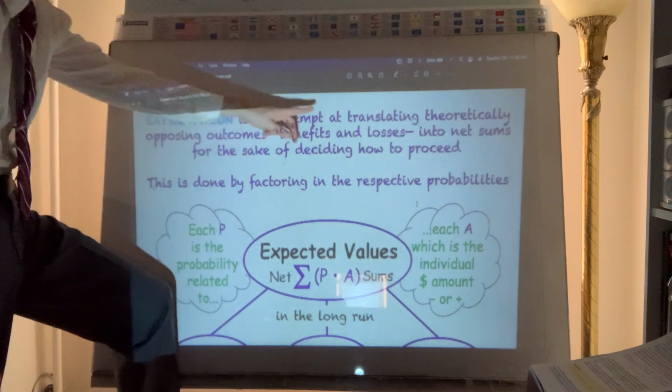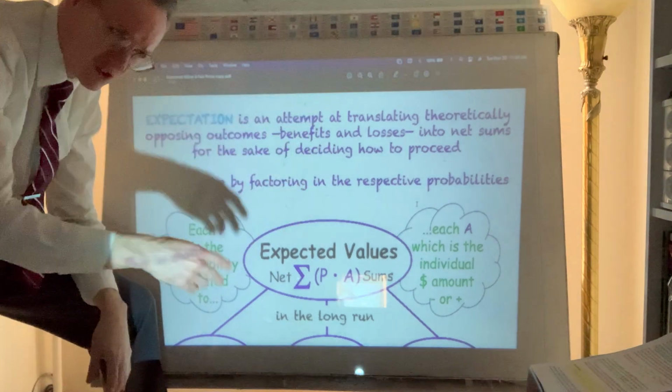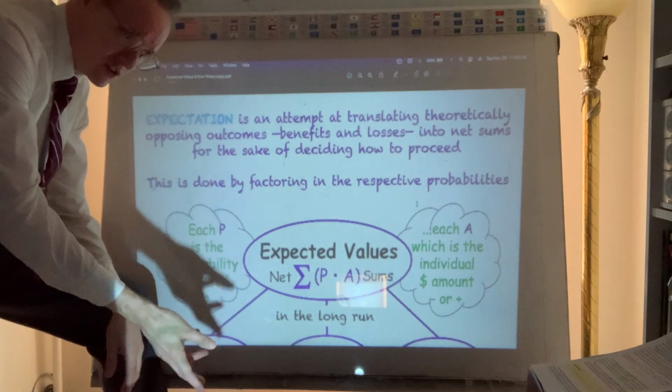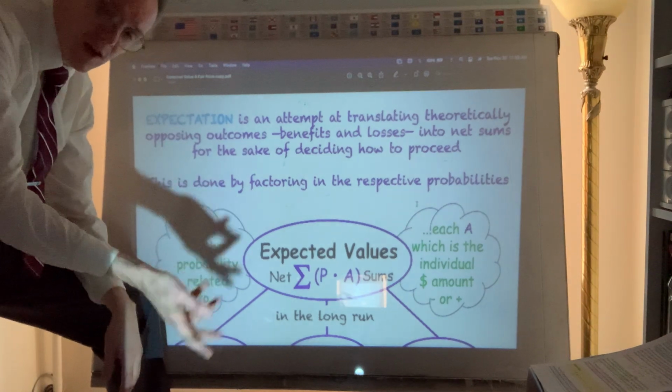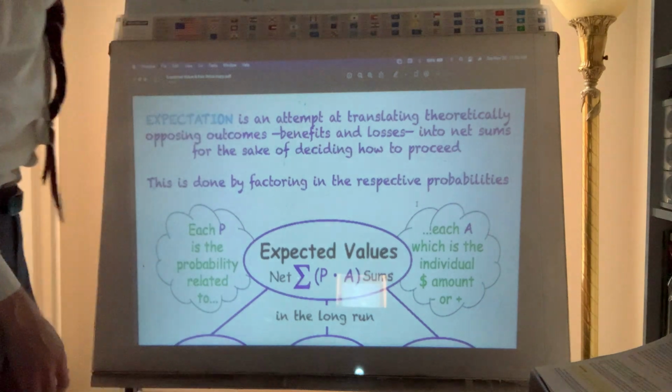This is for the sake of deciding how to proceed, what is in your best interest in the long run. It's a strategy of applying probability to unique circumstances to decide whether it's to your benefit or not to bother. In the long run is the key phrase.